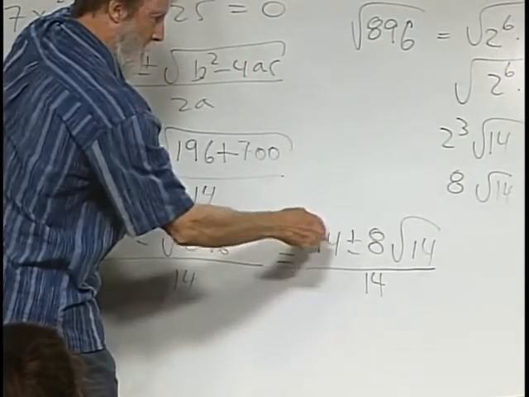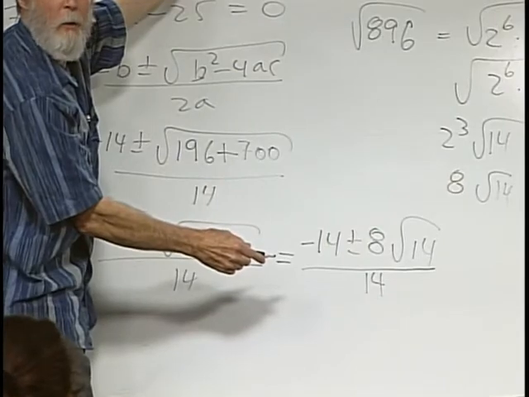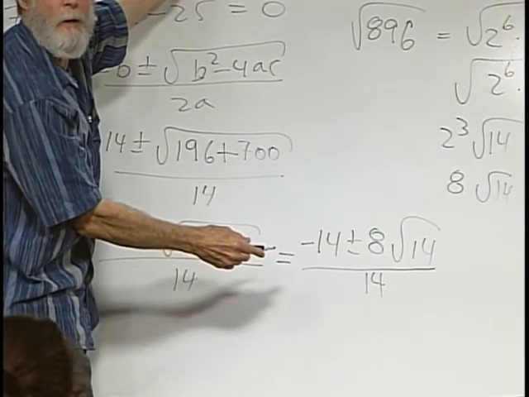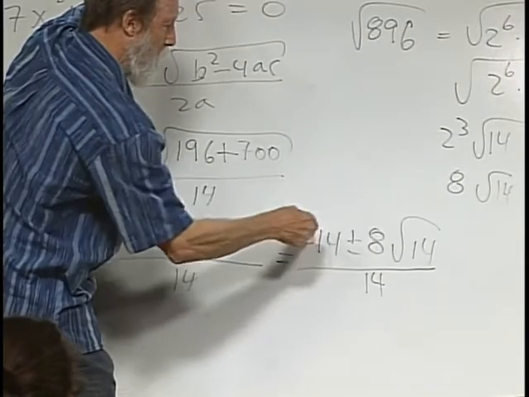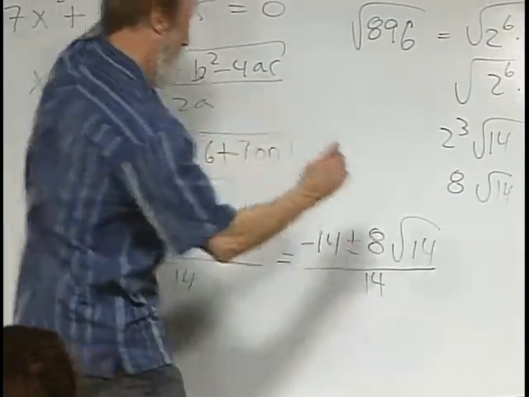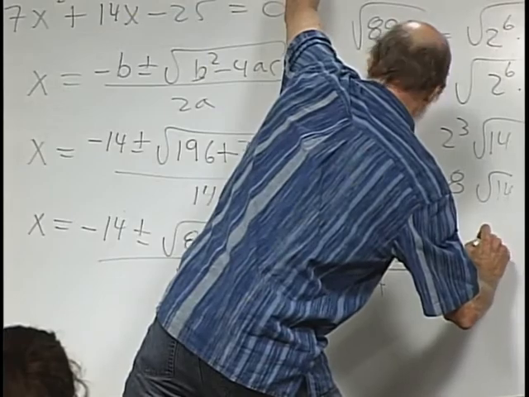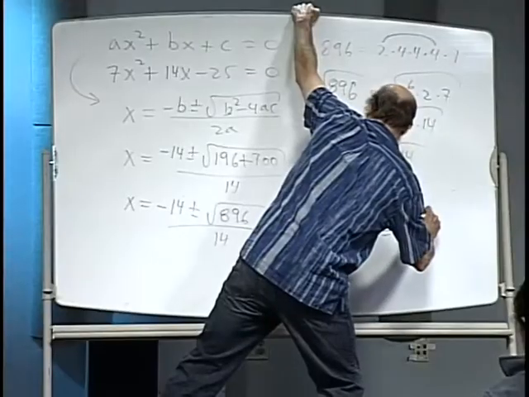Is that the way we'd leave it? What would we need to do to wrap it up? Take out a 2. Yeah, there's a common 2 factor in the numerator and denominator. So the safe way to do that is always factor out the common factor.